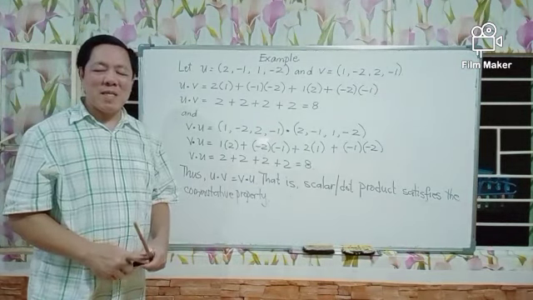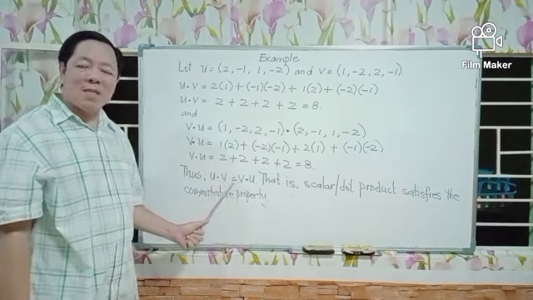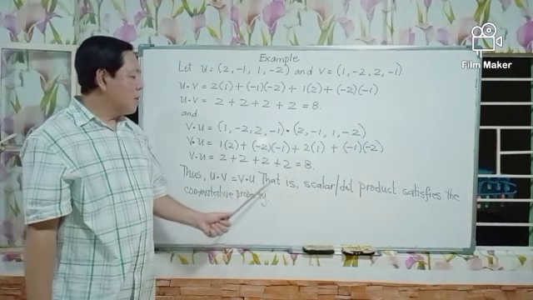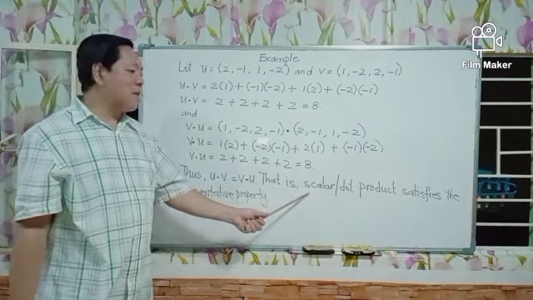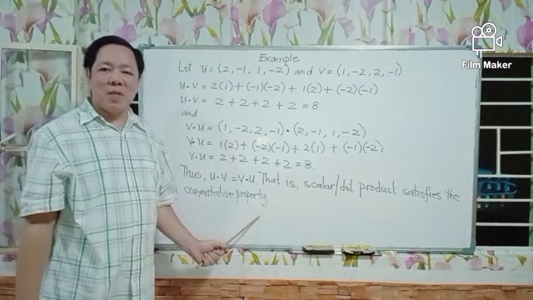Our conclusion from this example, we thus conclude that u dot v is equal to v dot u. That means a scalar product or dot product satisfies the commutative property.